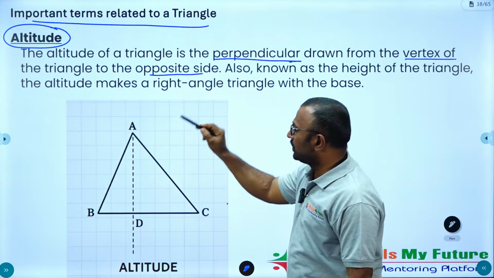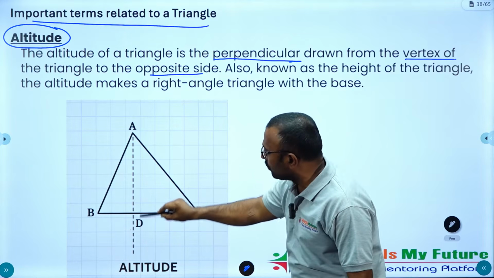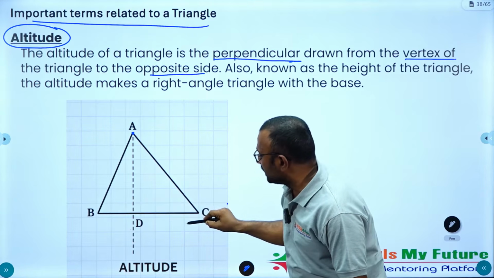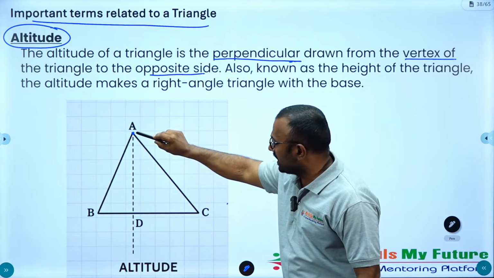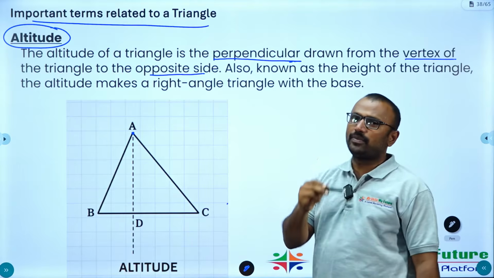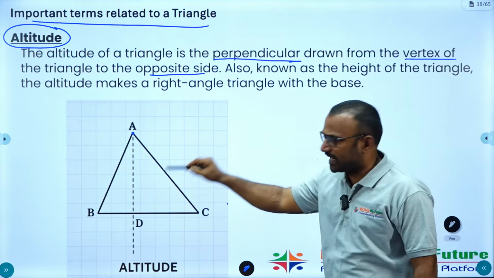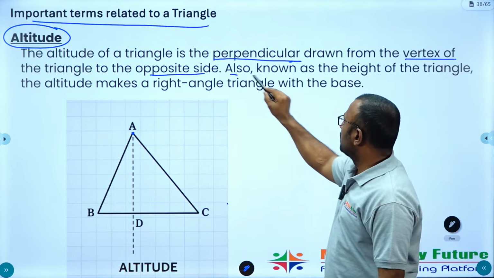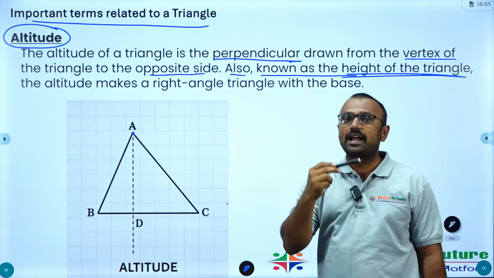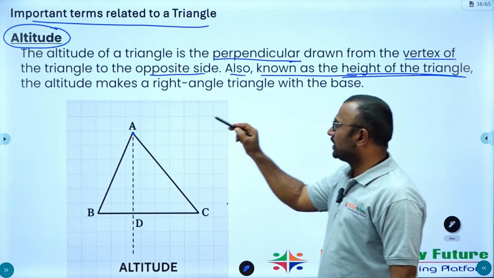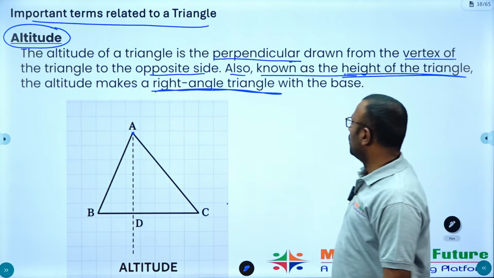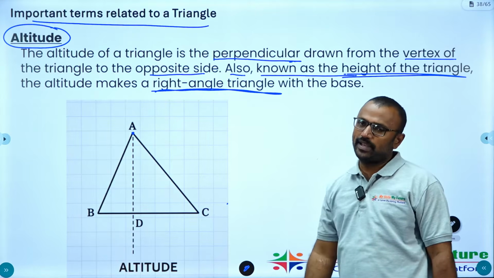Here the vertex is A and the opposite side is BC. This perpendicular line is also known as the height of the triangle. So the altitude makes a right angle triangle with the base BC.